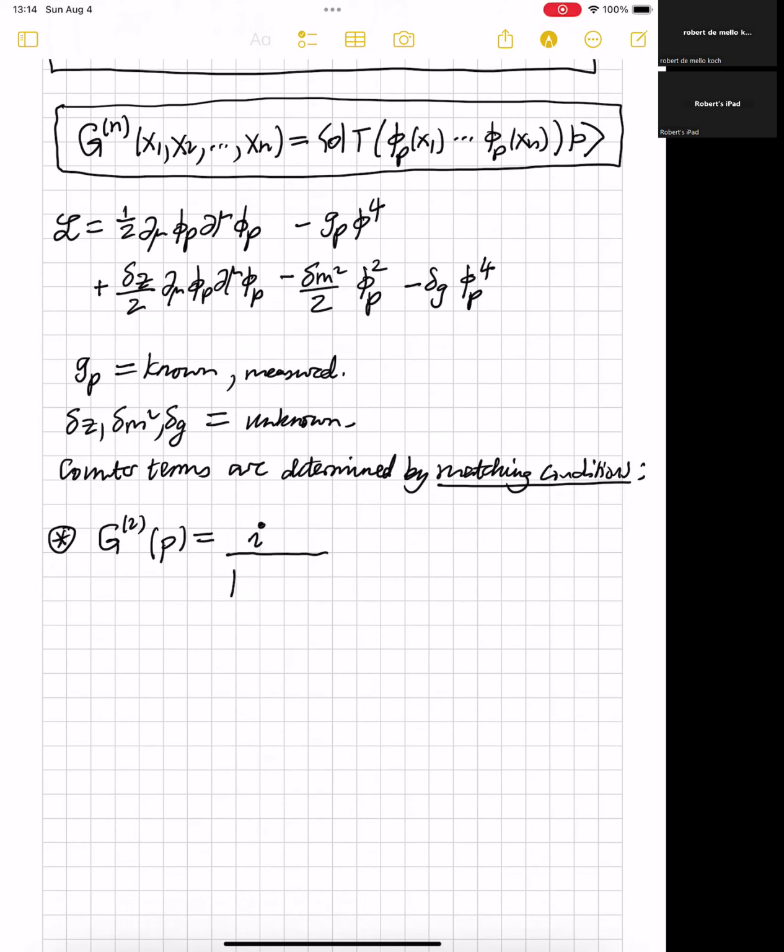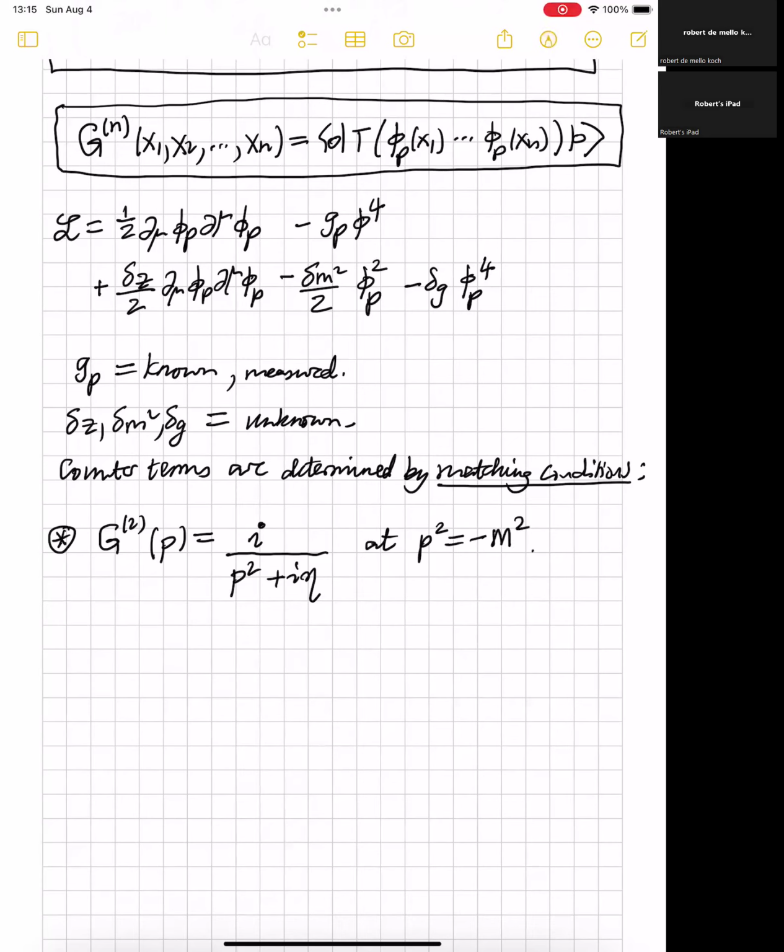We would have had p squared minus the physical mass squared, or we set the physical mass to 0. So then we'll just have the plus i epsilon, which just shifts the pole a little bit. Now, what's slightly unusual is we're going to require this at some scale. We're going to say at p squared is equal to minus m squared.